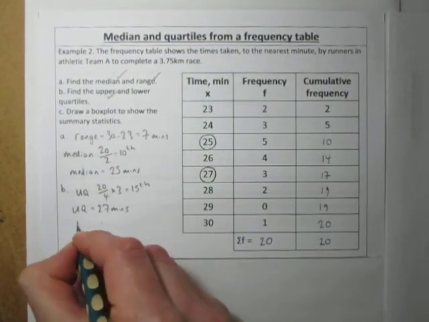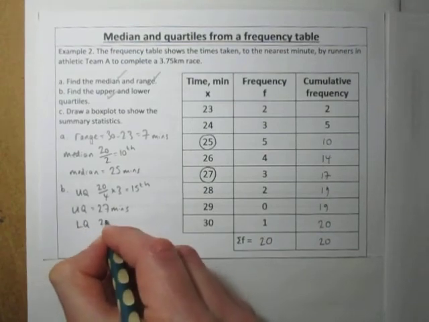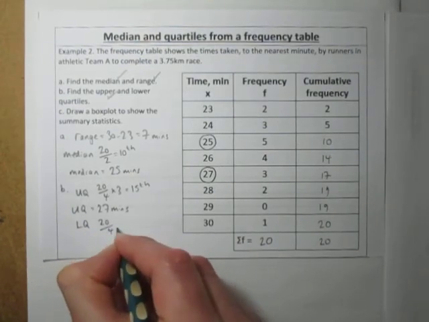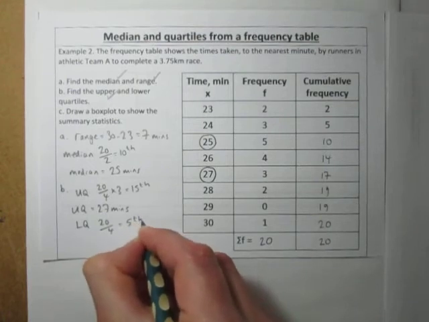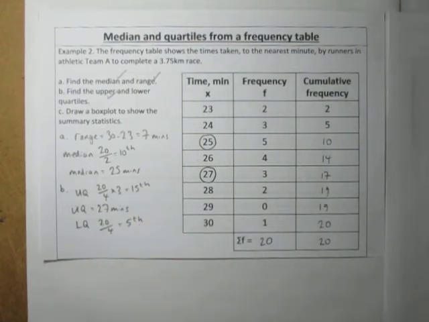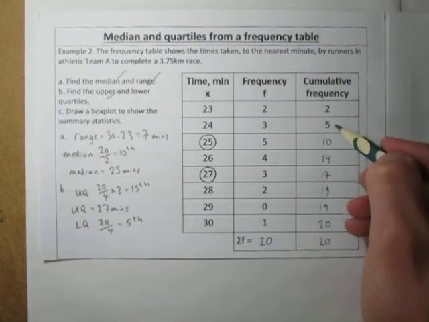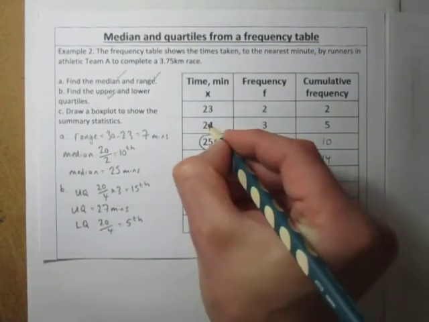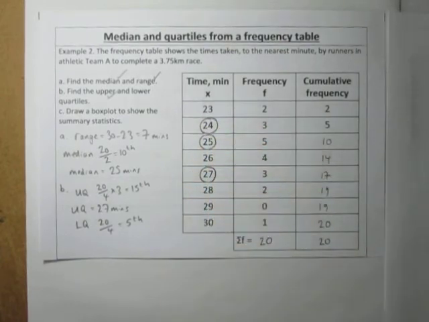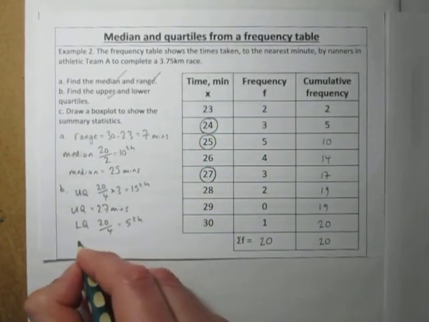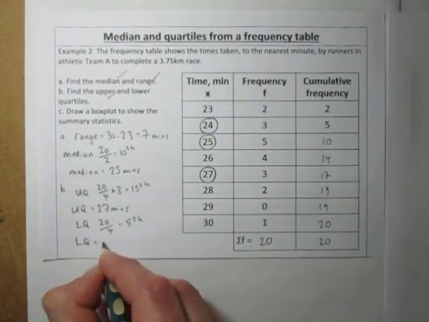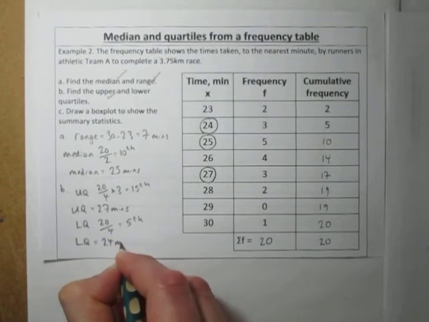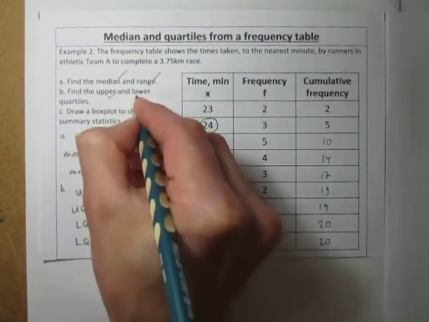The lower quartile, which I probably should have done first, 20 over 4 is equal to the 5th value. So where does the 5th value lie? Okay, well, I can see here the 5th value lies in between 2 and 5. Therefore, this one here is going to be the lower quartile. So the lower quartile is equal to 24 minutes.